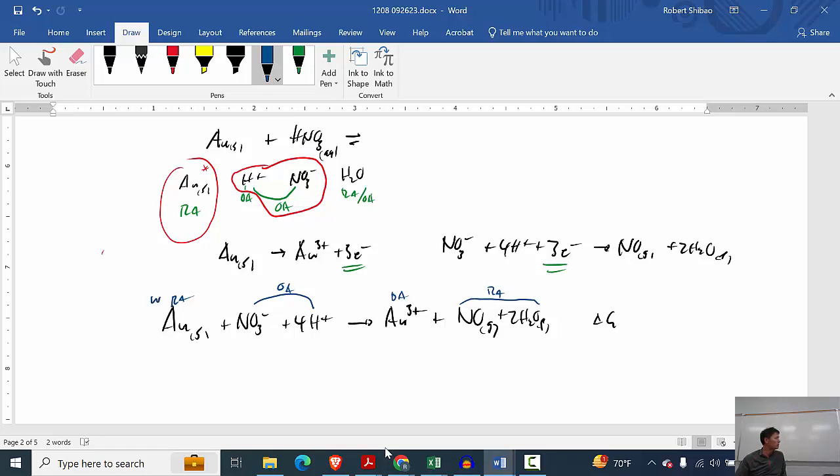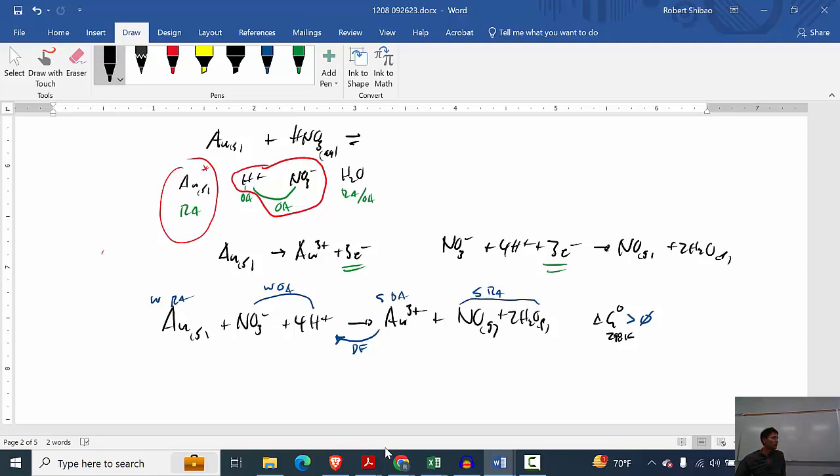And that means this must be a weaker reducing agent, weaker oxidizing going to stronger and stronger, which tells us the driving force is not forward, the driving force is reverse. And so there's no driving force in the forward direction. If there's no driving force in the forward direction, then delta G's got to be greater than 0. And we're going to do this under standard conditions at 298 Kelvin.